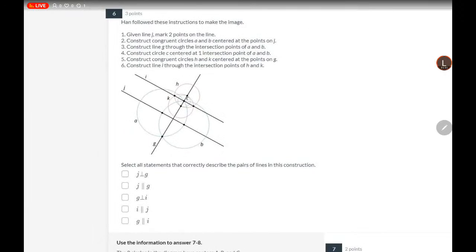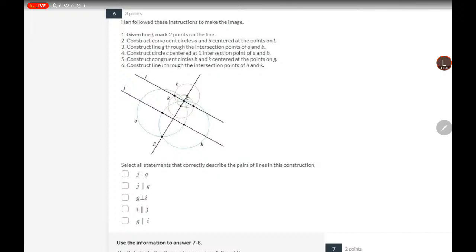So this is a careful way of constructing perpendicular and parallel lines. It is constructing line G as the perpendicular to line J, and then we constructed in a similar way line I perpendicular to line G, so that makes line I and line J parallel.